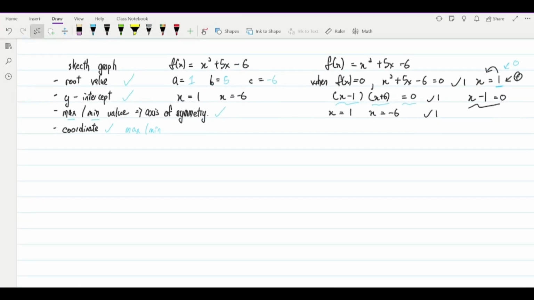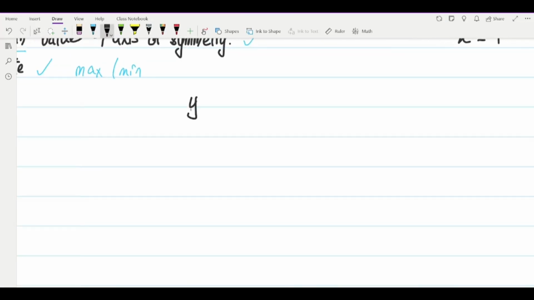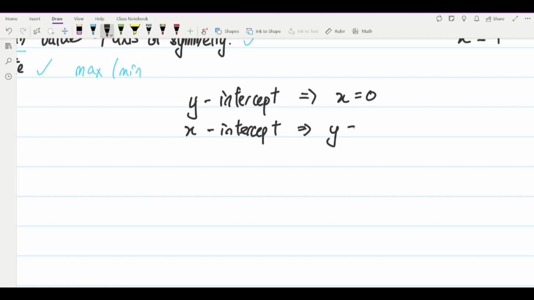Later, we want to find the y-intercept. What is the meaning of the y-intercept? Y-intercept will be x equal to 0, and on the other hand, x-intercept will be y equal to 0. So the formula is x squared plus 5x minus 6, right?